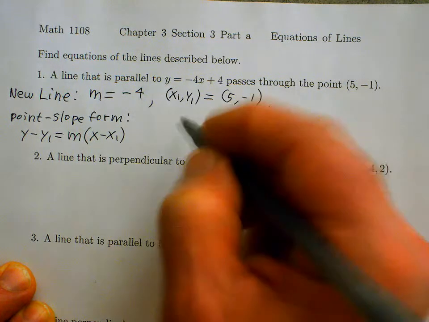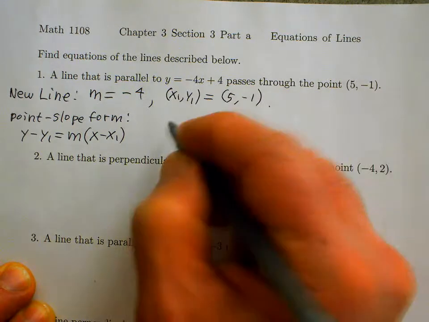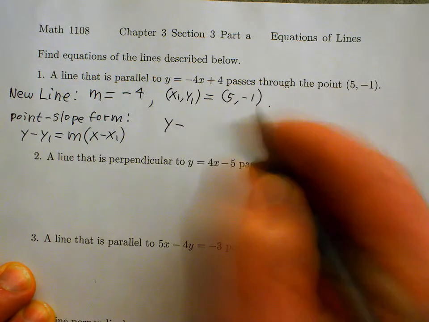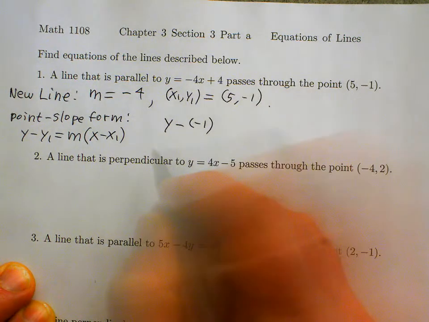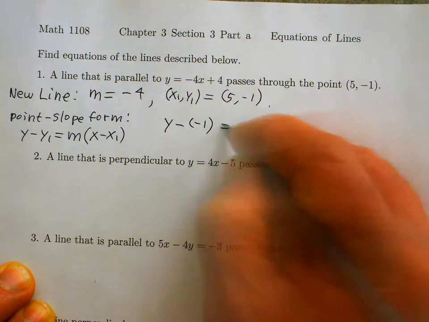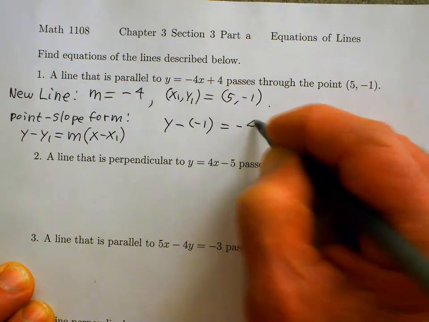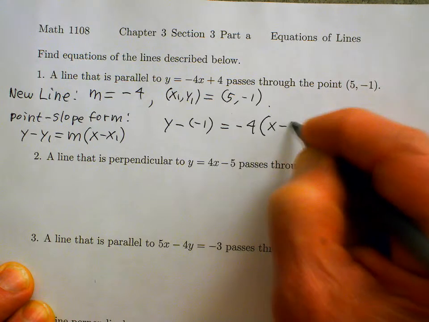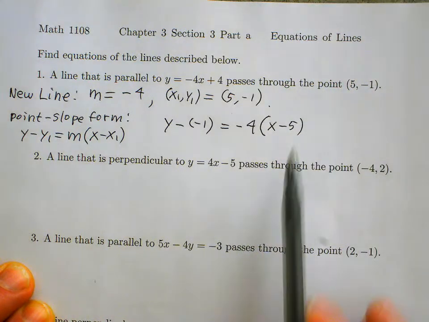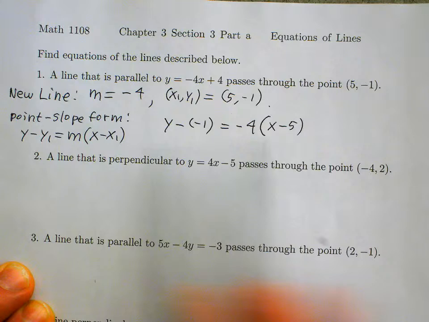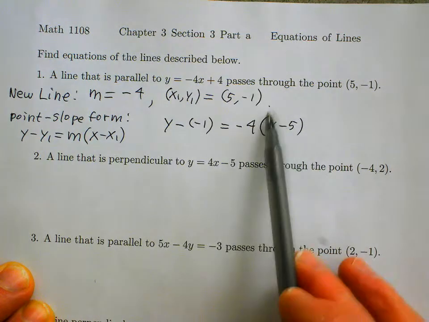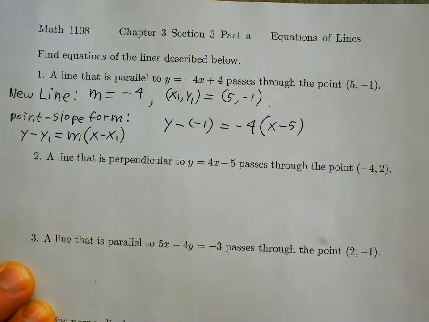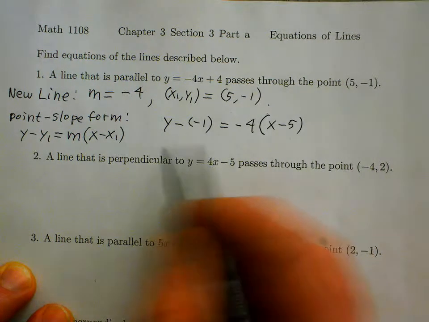Okay, so we write y minus negative 1, that's my y minus y1, and then the slope is negative 4 times the quantity, x minus 5. So don't forget to put x minus x1 in parentheses. If you omit the parentheses, you'll write down something that's incorrect. Okay, and we can take it further if we want.